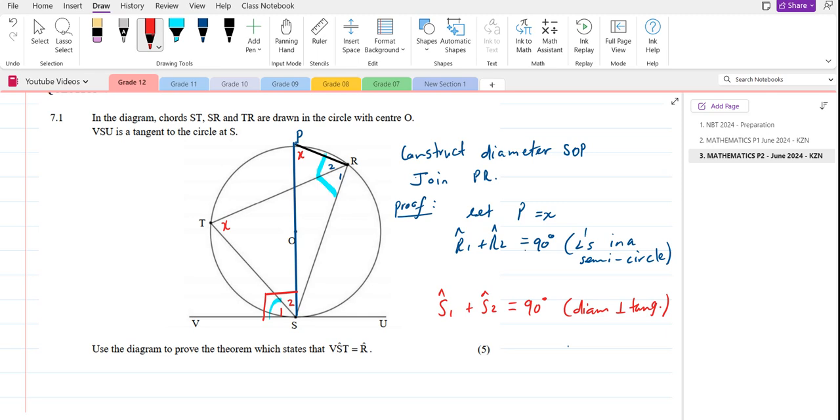So angle T is now equal to angle P, which is equal to x, angles in same segments. Now how will this help us? Because we have x here, we have x there, we got an angle which is 90 minus x there. That's x here.